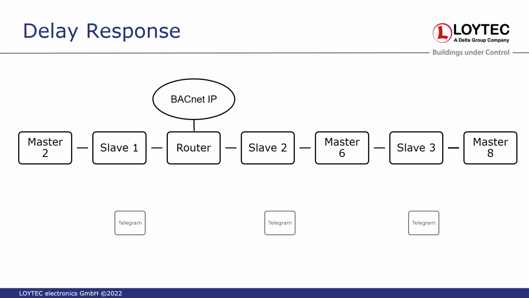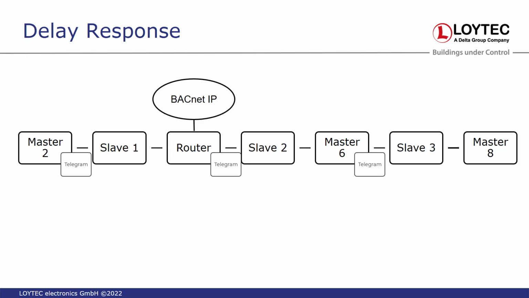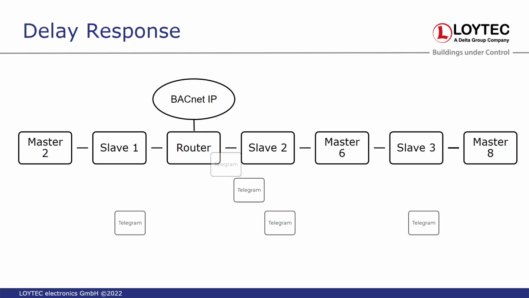So especially the scan can take quite long, because it's only allowed to send out one packet. Maybe it would help if you increase the max info frame number, because when you set it to like 10 or 20, then the links would send out 20 requests before it needs to pass on the token. That could help.